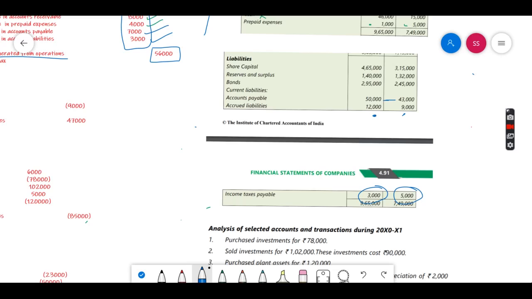They are saying that income tax expense during the year was 7,000, and opening income tax payable was 5,000 minus closing was 3,000. That means 7 plus 5 is 12, 12 minus 3 is 9. 9,000 is the amount paid during the year, right?